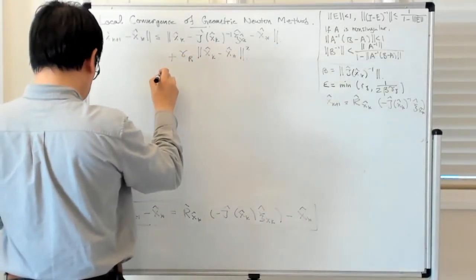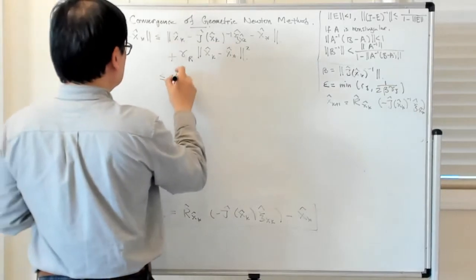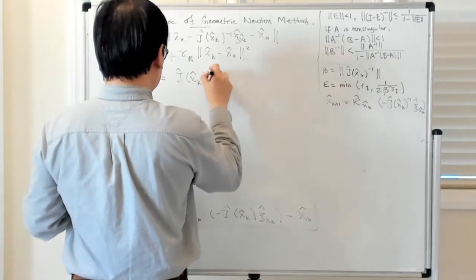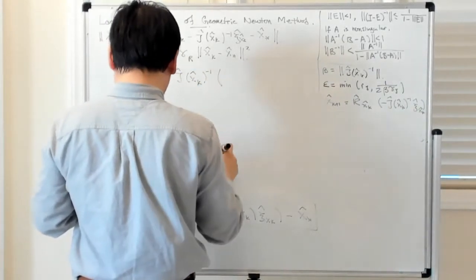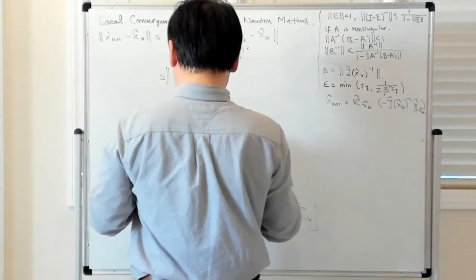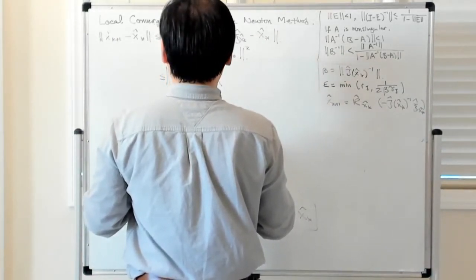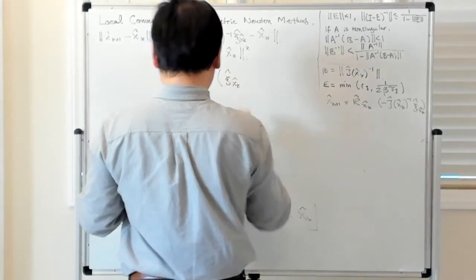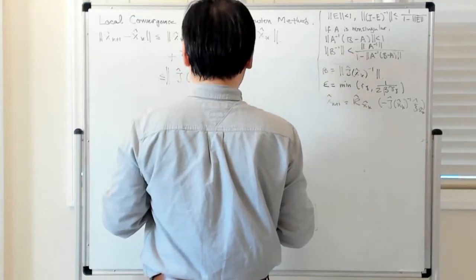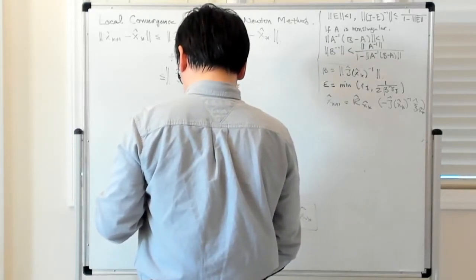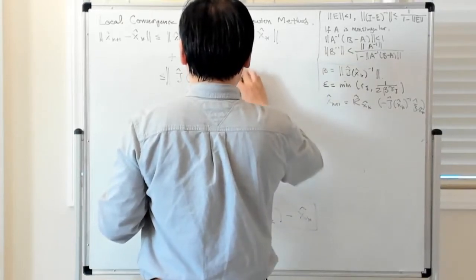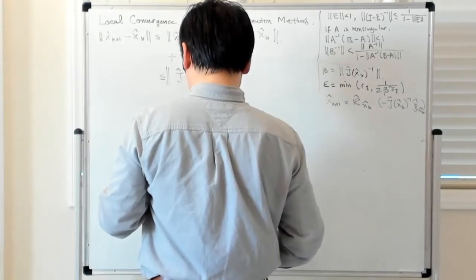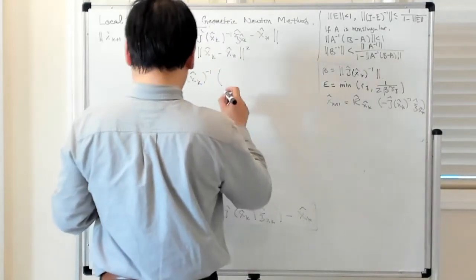So this is less than or equal to J hat(x_k hat) inverse applied to something.